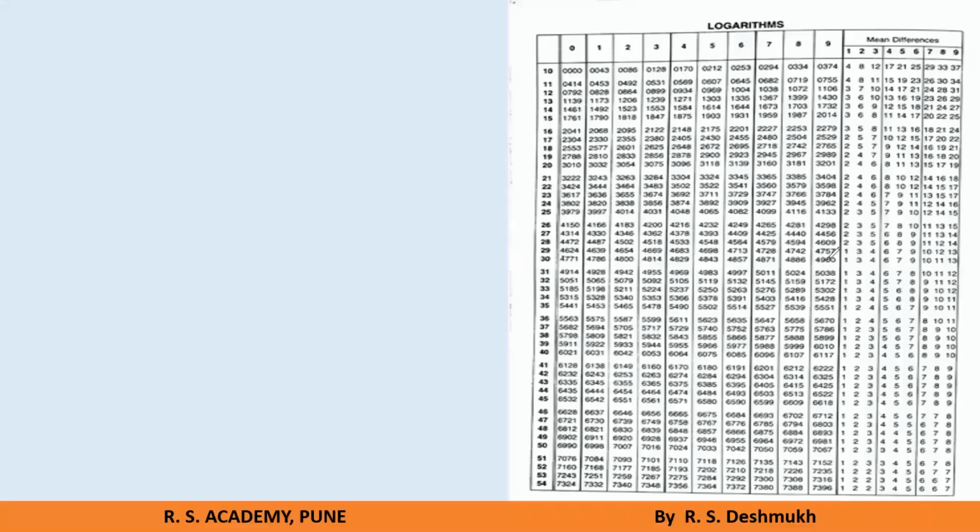Before finding the log, let us go through some basics of log values, because we know that log to the base 10 of 10 is equal to 1, whereas log to the base 10 of 100 is equal to 2. What it indicates is that if any value is greater than 10 and less than 100, the log should be between 1 and 2.